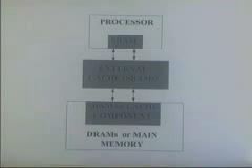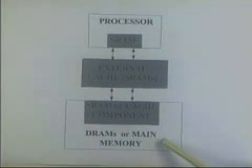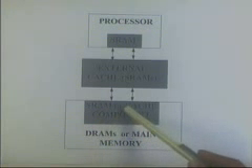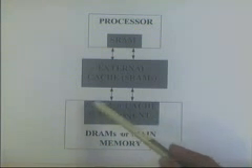However, there are newer kinds of memory technologies coming up as far as DRAMs are concerned, called EDO RAMs and that kind of memory technology. In those memory technologies, the static component is built into the dynamic RAMs.